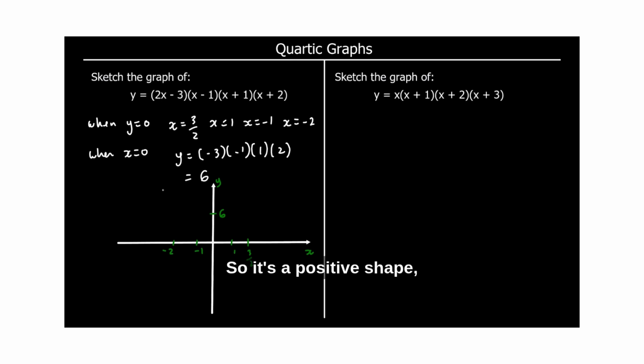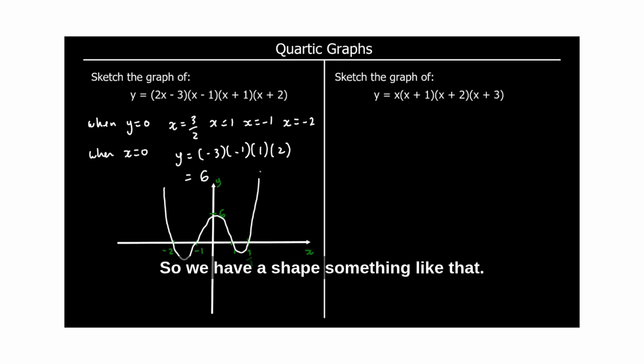So it's a positive shape: x times x times x times x, or 2x times x times x times x, is 2x to the power of 4. It's a positive 2x to the power of 4. So we have a shape something like that.